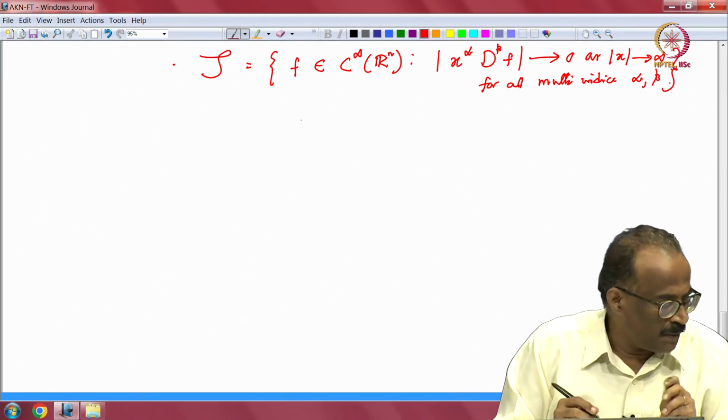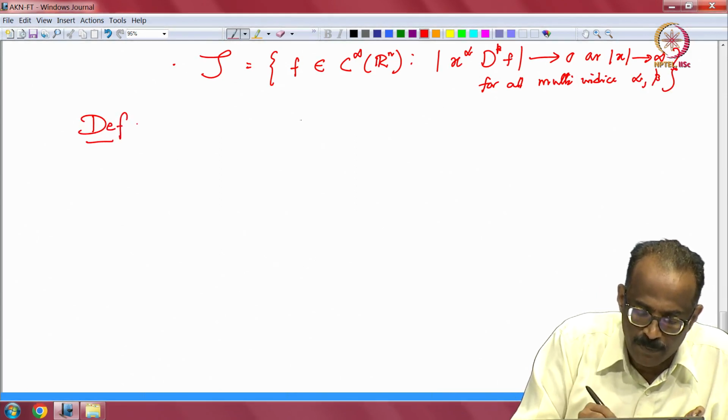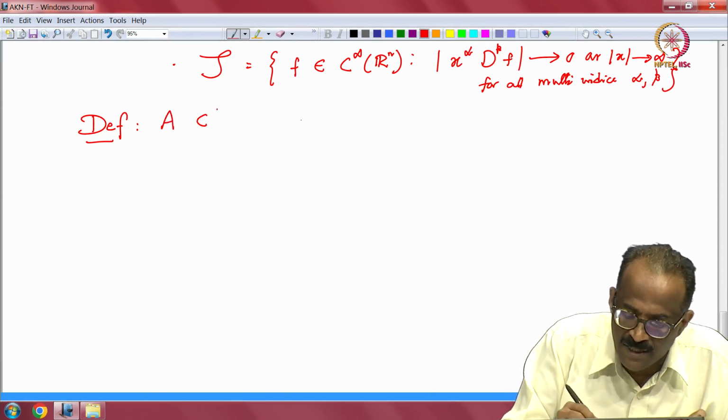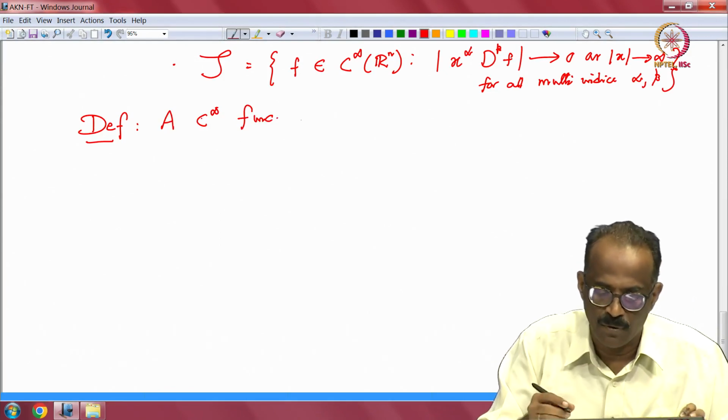So, let me start with one more definition, probably this may not have been defined earlier. A C infinity function, actually C infinity is needed, but we are working only on that.